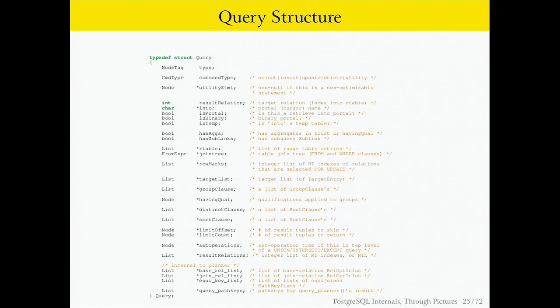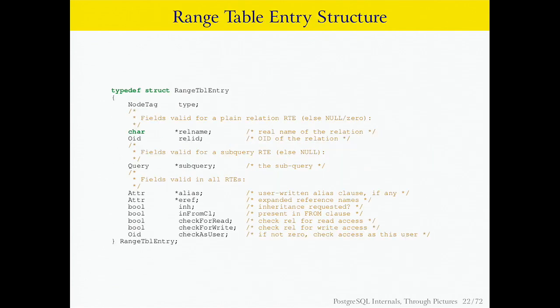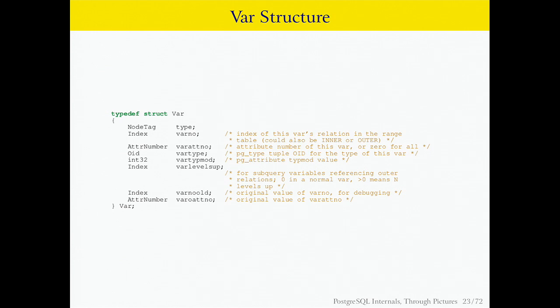And so if you have a select that has one table in the from clause, it's going to have one range table entry. If it has two, it's going to have two in the range table entry. And effectively, the way the var part works, when I say select first name from friends or whatever, I'm actually saying I want the first var of the range table that I reference.